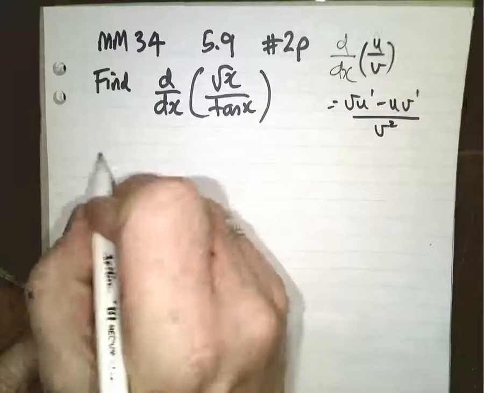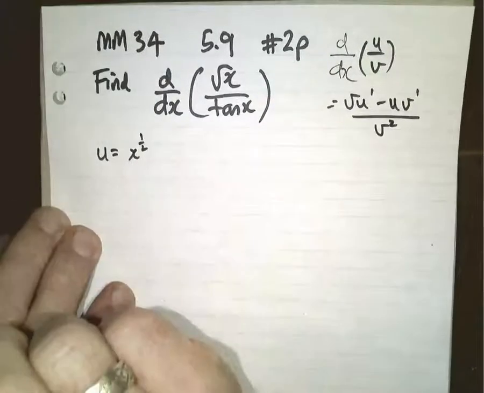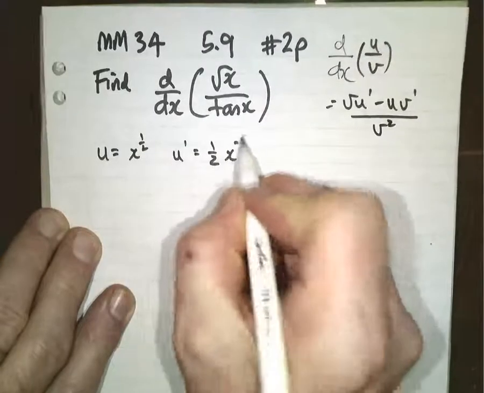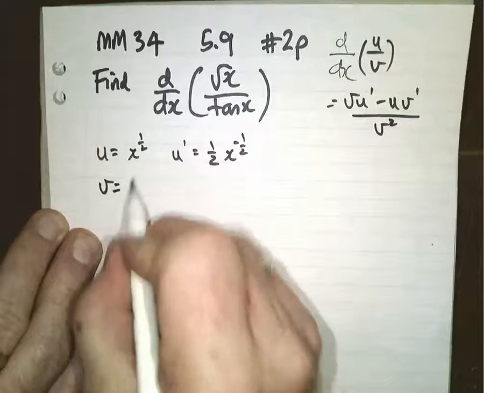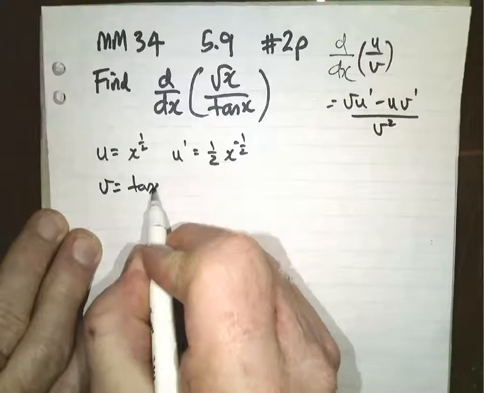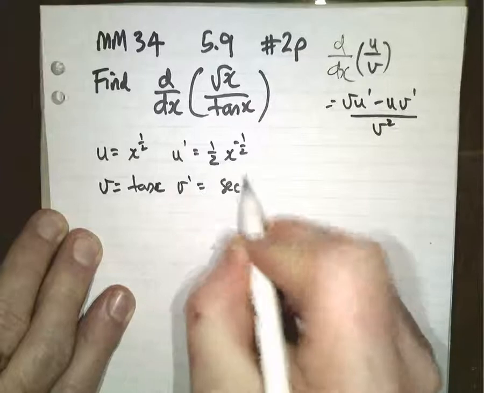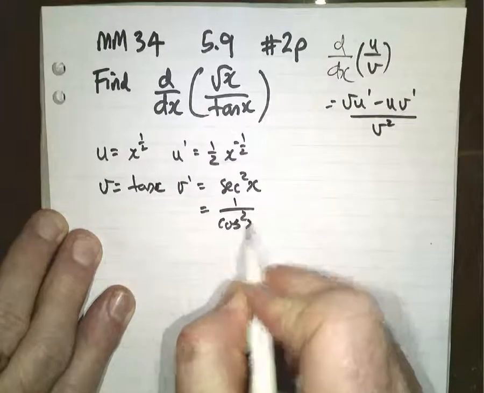So in this particular case, u equals the square root of x, which is x to the 1/2, which means u dash equals 1/2 x to the negative 1/2. And v equals tan of x, and v dash will equal sec squared of x, or 1 on cos squared of x.